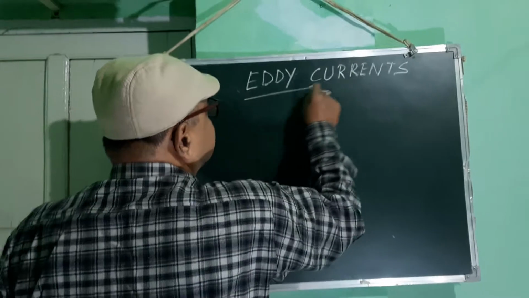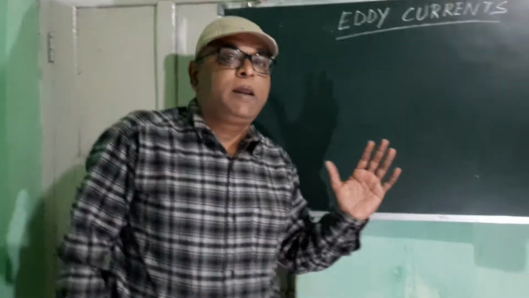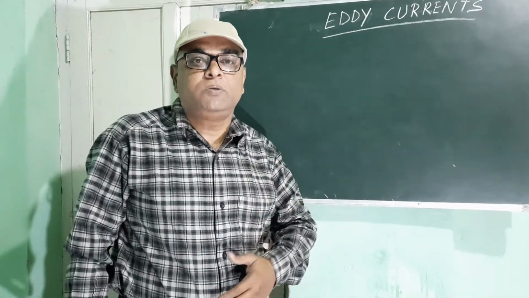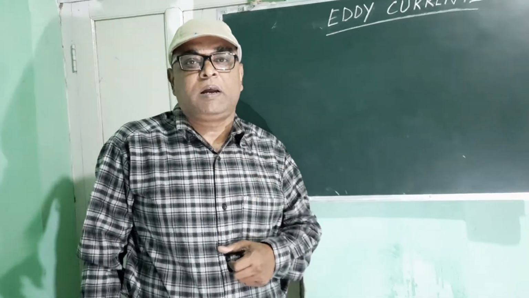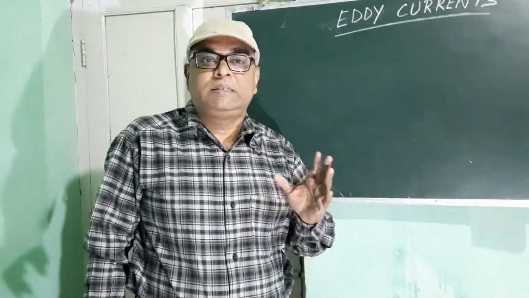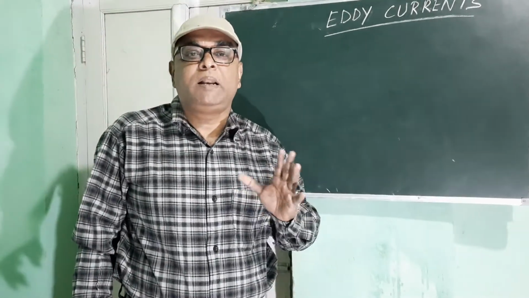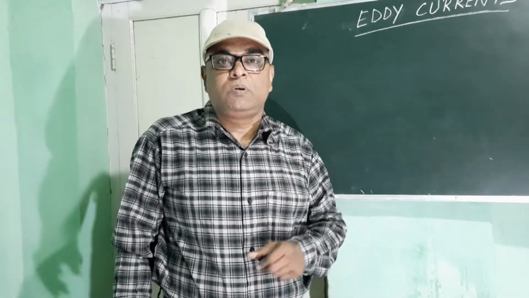Now, what are eddy currents? Basically, the current is produced due to a changing magnetic field. A changing magnetic field in a nearby metal body will produce eddy current.